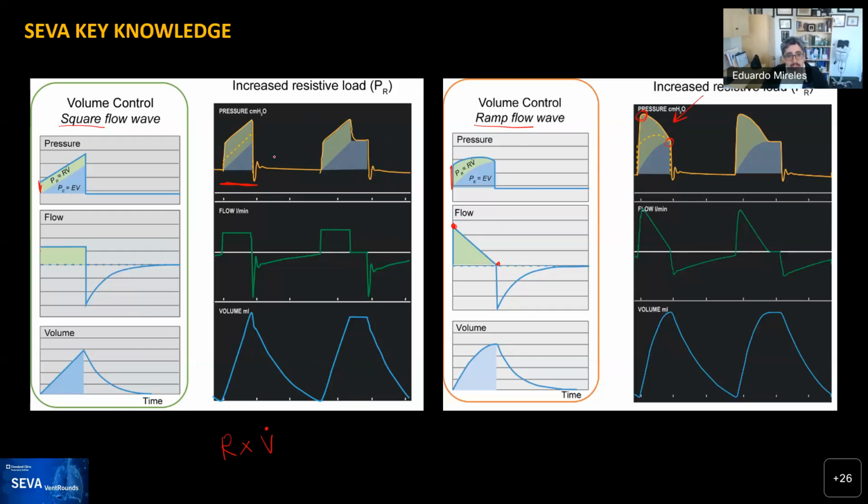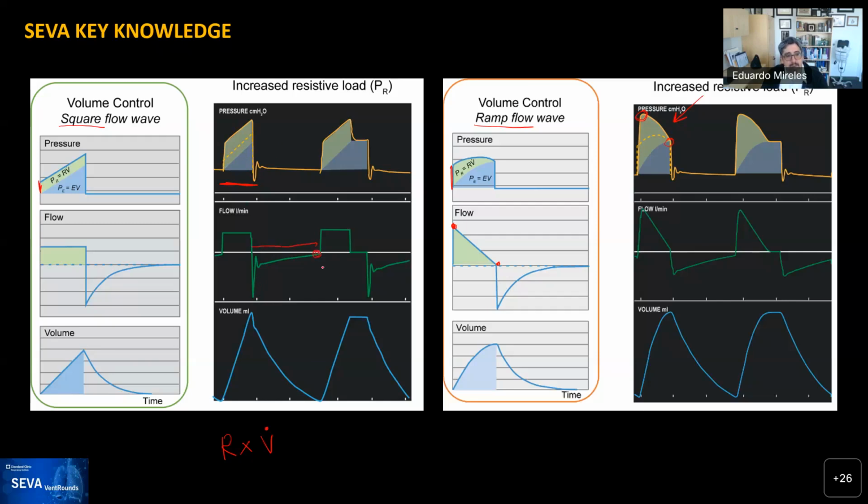Now, normally, in most cases, you're going to have concordant resistance. So you will see high resistance during inspiration and during expiration. And so as you see in these two cases, the time to reach zero flow is prolonged. It's taking a long time to reach zero flow.